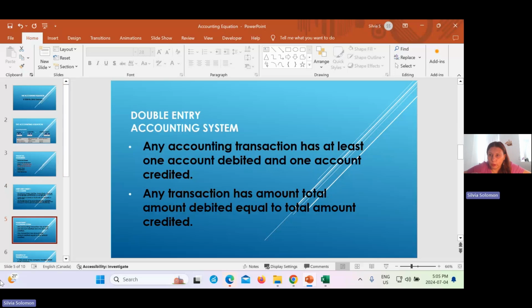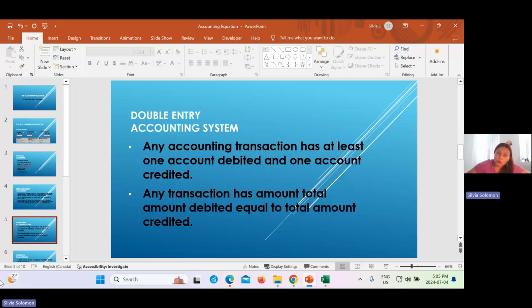Now, when we advance, we are going to see that we can debit more than one account in the same transaction, 2, 3 accounts, and we can credit 2, 3 accounts or only one account.